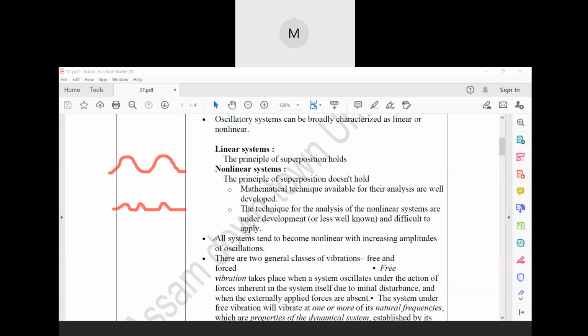According to the principle of superposition, the resultant will be the sum of them. At a particular point, the resultant will be the sum of the displacements, this one plus this one.